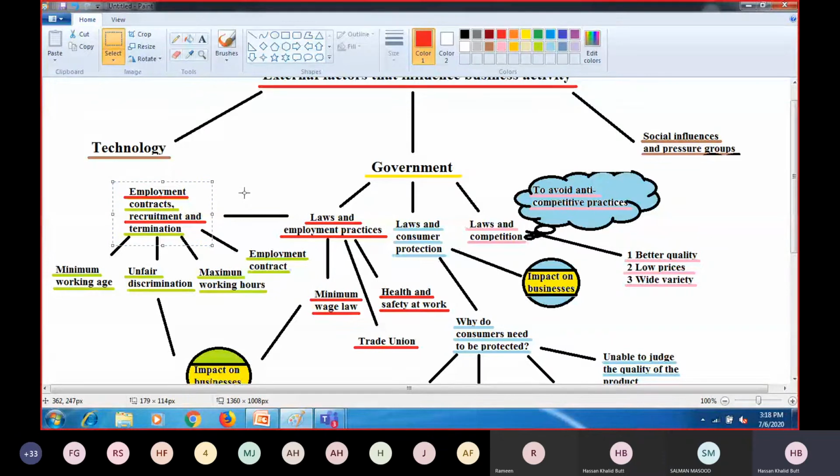Generally, you all are right, but you are talking about it in bits and pieces. An employment contract is basically an agreement between an employer and an employee. The employer is the person who hires workers or staff, and the employer is the owner of the business. For example, I teach in City School.